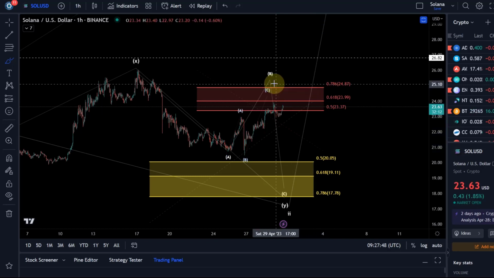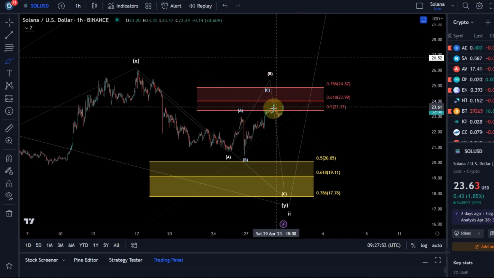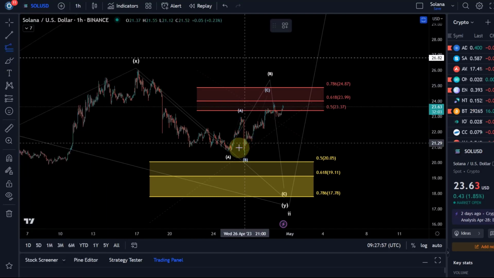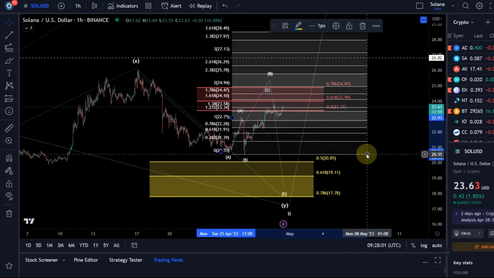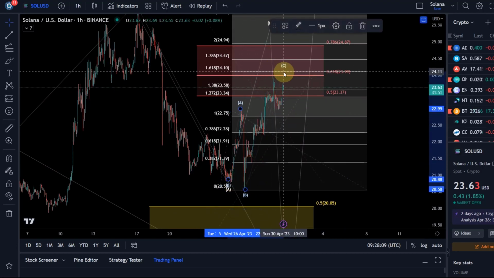So what I can of course not rule out is that this becomes an overshooting B wave, but ideally it shouldn't. If I'm looking at the length of the C wave, because we can compare waves A and C in the subwave structure, an ideal target for a C wave would be the 1.618 extension at roundabout $24, 24.10 it's calling out. So this is certainly a level to watch.